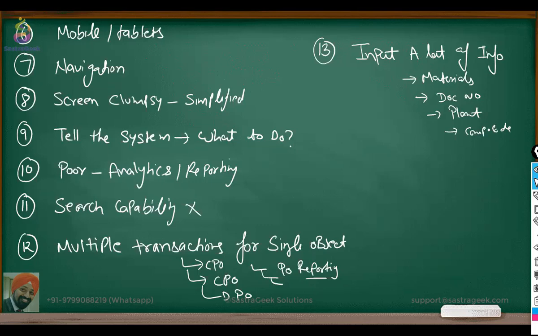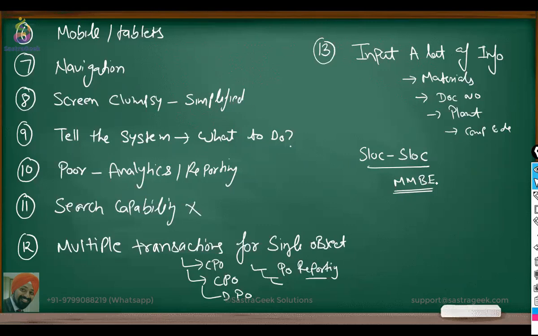Just to give an example, if you want to transfer stock from one storage location to another, a storage-location-to-storage-location transfer, first you view your stock in MMBE or any stock report. Then you understand which material you need to transfer, and from which storage location to which storage location.